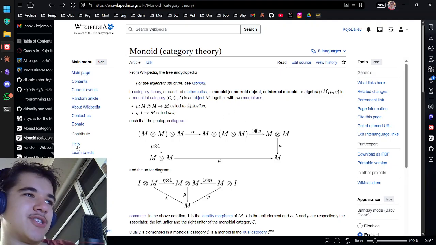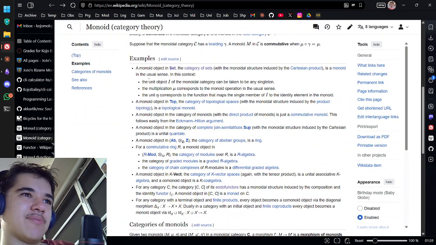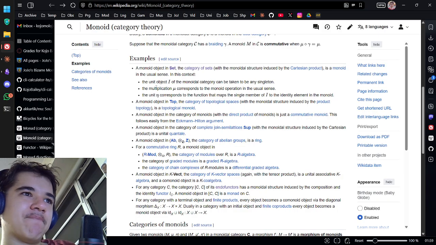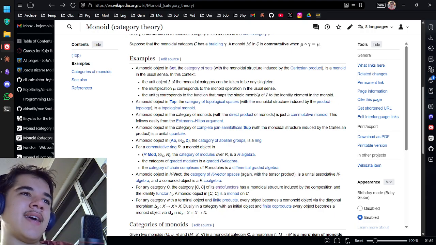I might need to refer to this for the monoids. Examples. Okay, a monoid object in the category of sets. The unit object I of the monoidal category can be taken to be any singleton. The multiplication mu corresponds to the monoid operation in the usual sense. What? The unit eta corresponds to the function that maps a single member of I to the identity element of the monoid.